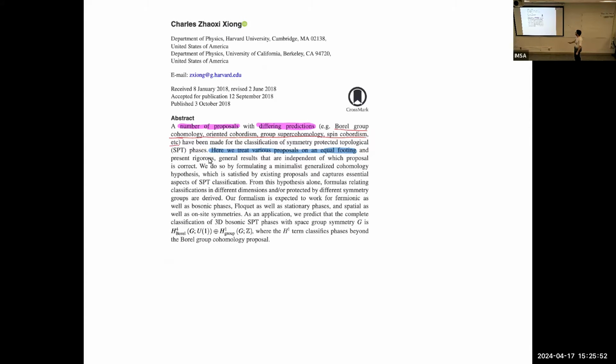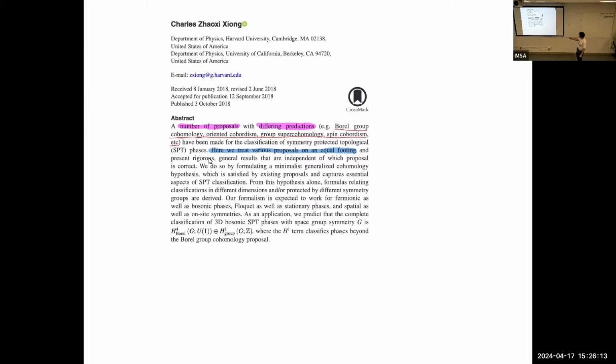And finally, something I also want to stress for people that are not in the field is that there are several proposals. There's no general consensus yet. They're more or less agreeing in some cases, but there are several different proposals for classifying SPT phases, with different predictions.